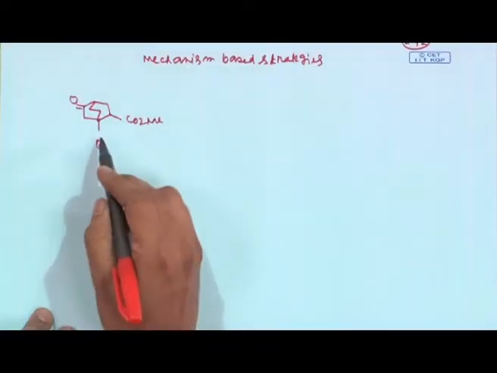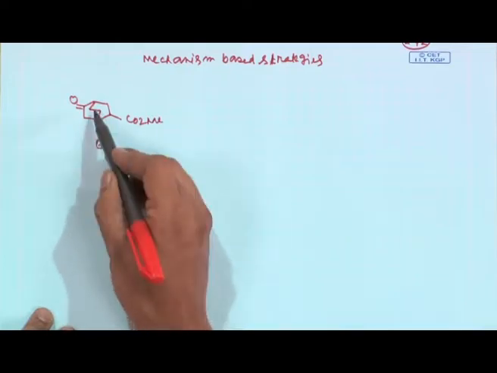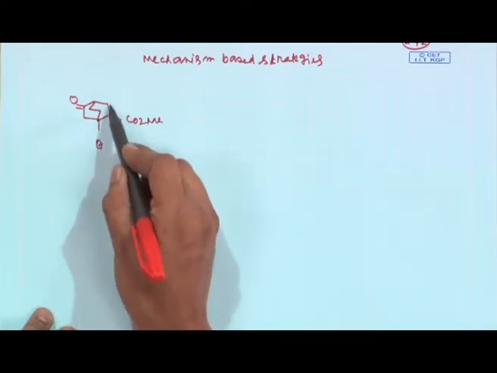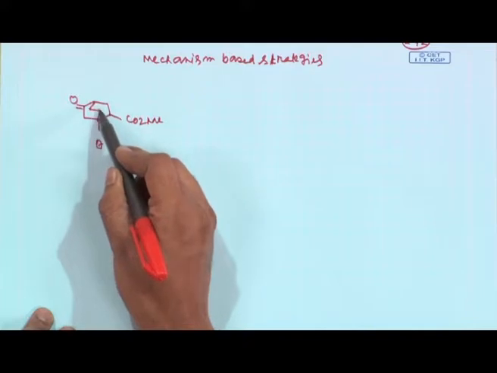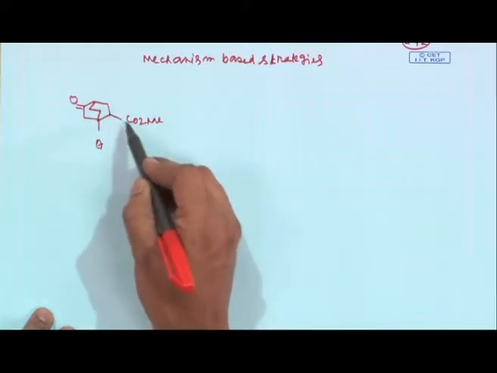Initially, the problem which I will be analyzing is a very straightforward problem. A target molecule was given to you. It is a bridged bicyclic compound, a cyclohexane is the core structure, you have a two carbon bridge CH2 CH2, and at this end you have a CO2Me.